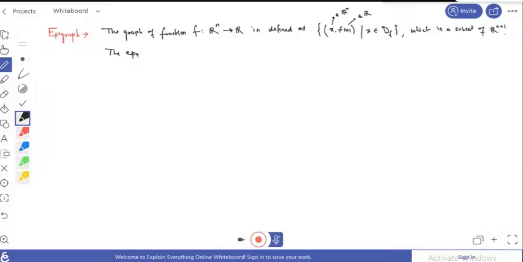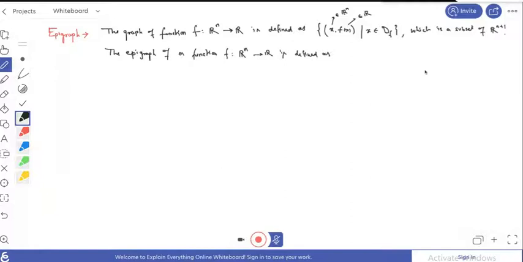If we take the R2 plane, the epigraph of a simple function with one dimension, or Rn to R, can be visualized in this space of Rn plus one dimension. If we take an R to R mapping, then the image is the R2 plane.